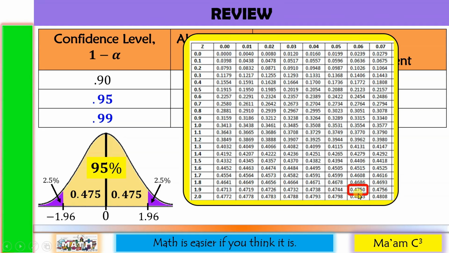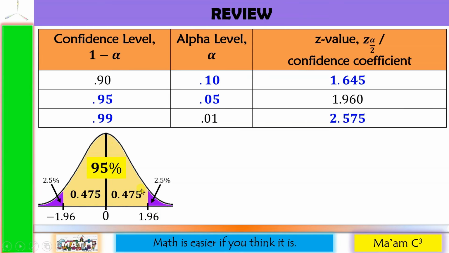Now, let us determine the corresponding z-value. It is 1.9, and the hundredths digit is 6. That is why we have 1.96. Since the normal curve is symmetric about the mean, then this is also 1.96, only negative because it is on the left side of 0.